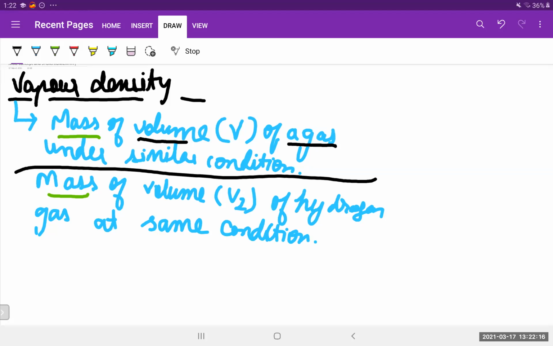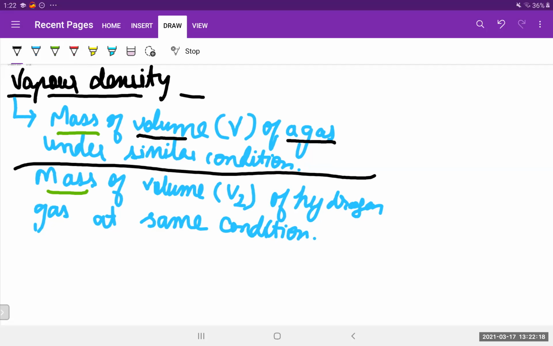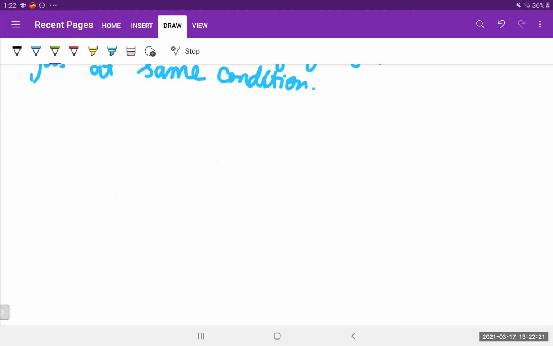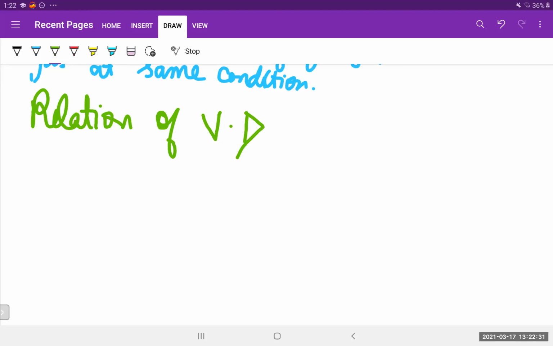Let's see the next thing, that is relation. Here also some relationship is there. Let's see the relation of vapor density with relative molecular mass. I hope that you all know what is relative molecular mass, because we have already studied that in class 9. It's actually the mass of an element upon the total mass.